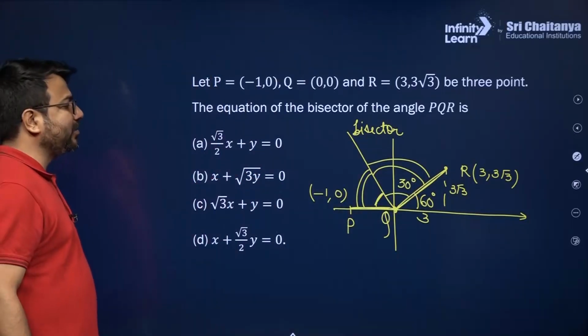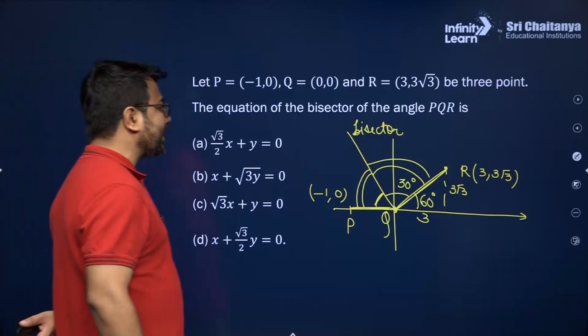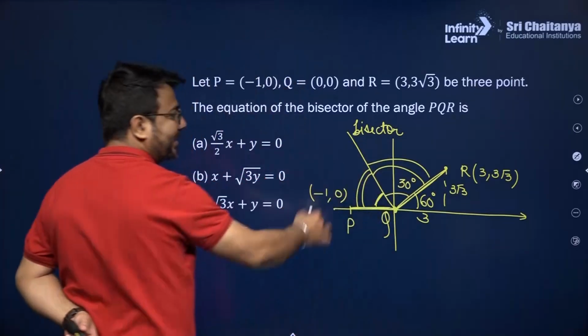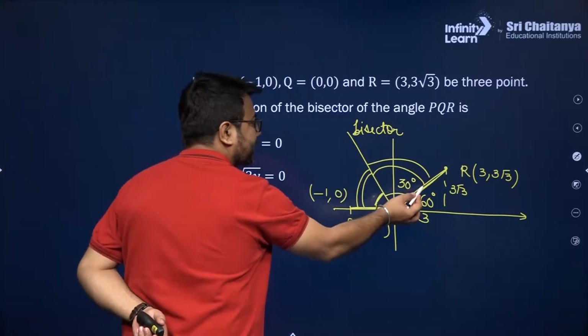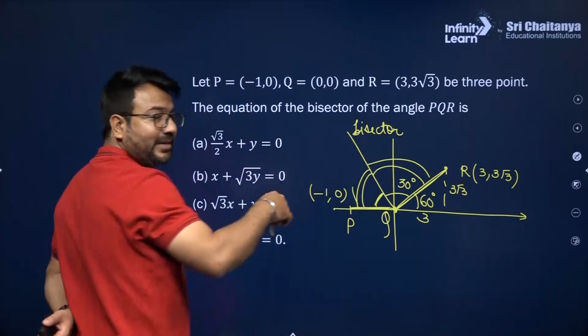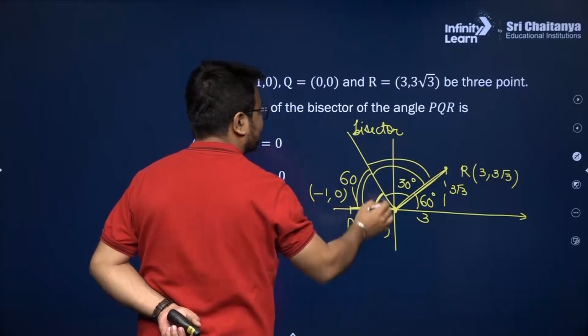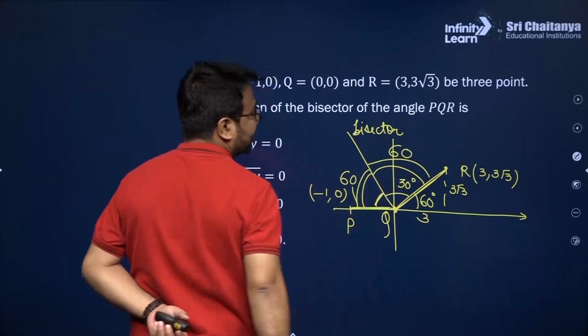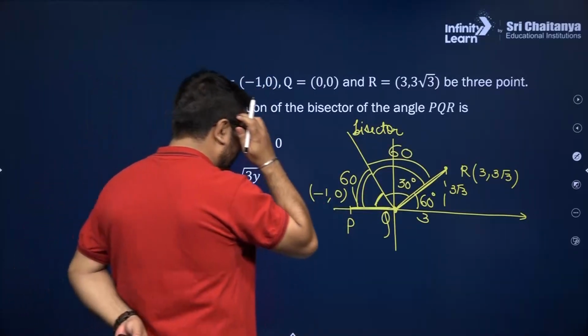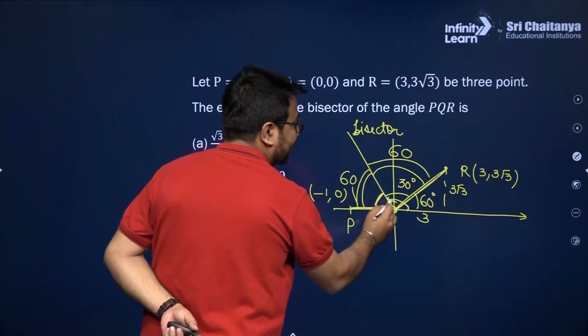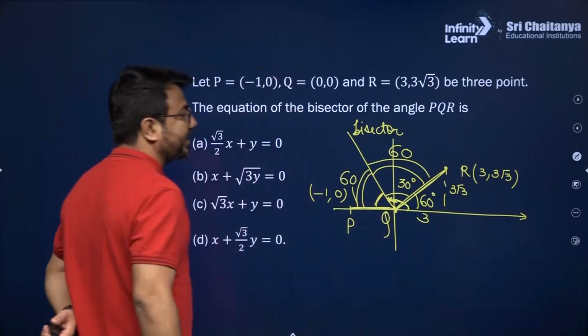Now how will I be able to find this one? I know that the complete angle will be 120 because this is 60. So from here to here the complete angle will be 120, out of which this is 60. So the remaining is also 60. So from here to here we have 120.